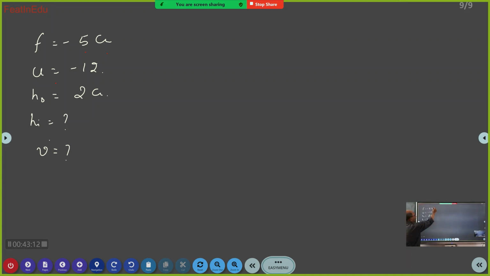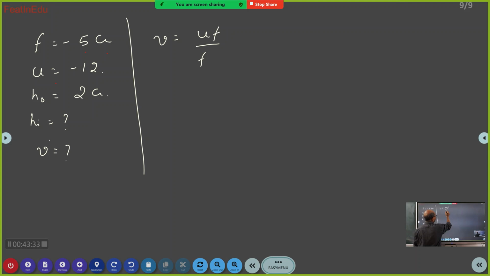So what will you do to find out v? You will use the formula 1 upon v plus 1 upon u is equal to 1 upon f. If you simplify, you will get v is equal to uf divided by u minus f.